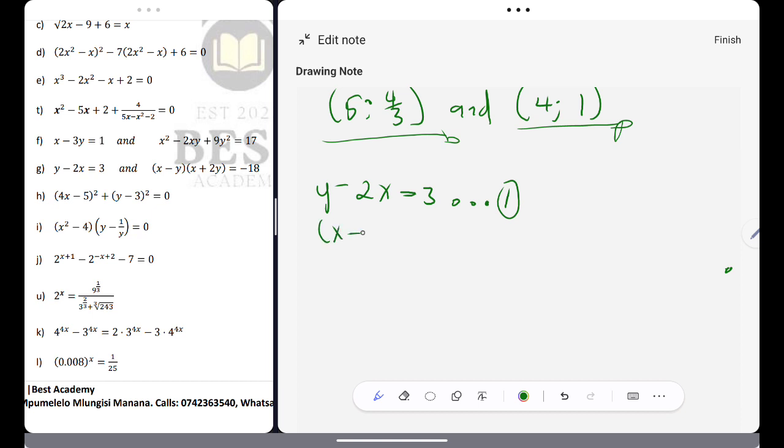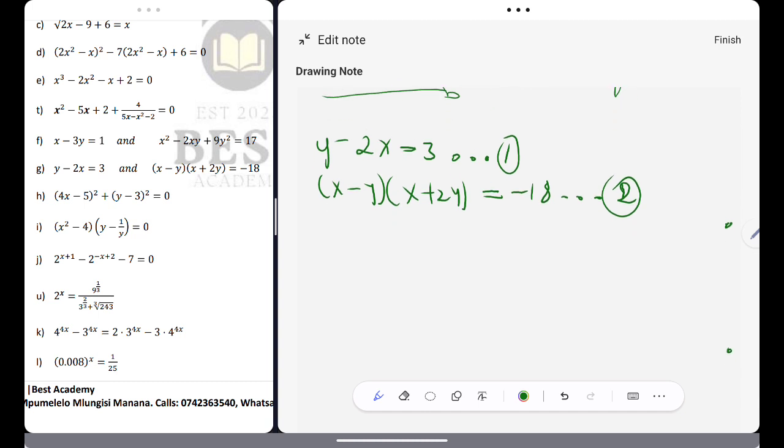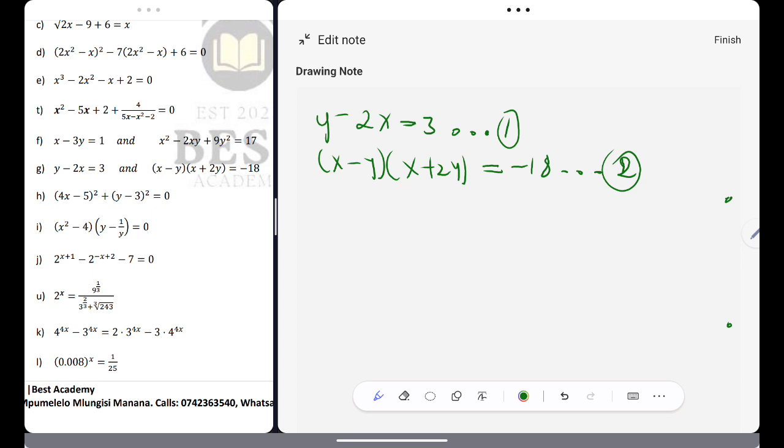Second equation, x plus 2y is equal to negative 18, equation number 2. Please pause the video for 5 minutes and then do it on your own as I'm sipping my coffee.